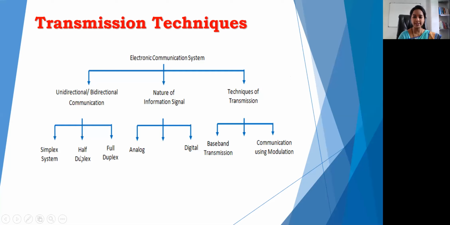For the nature of information signal, in analog you have a continuous signal, and in digital you have a series of bits, which is called a digital communication system.